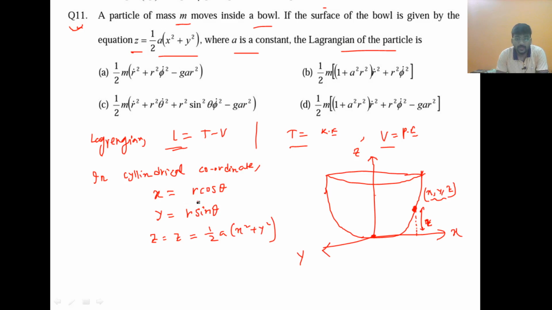Now if we put these two values, x square plus y square is r square cos square theta plus r square sin square theta, so it will be half a r square. So this will be z, half a r square.